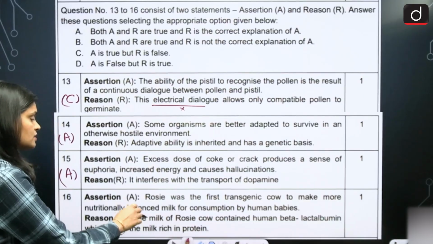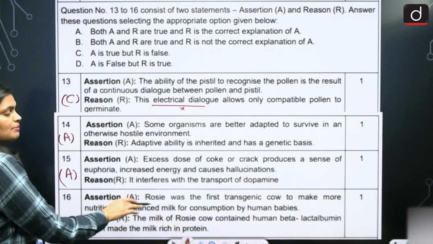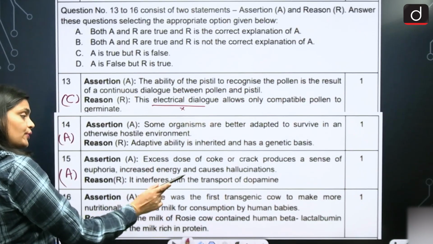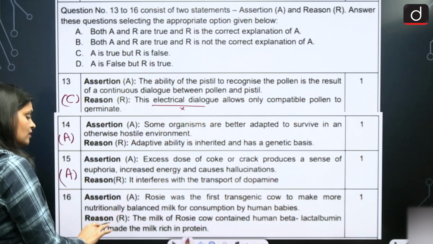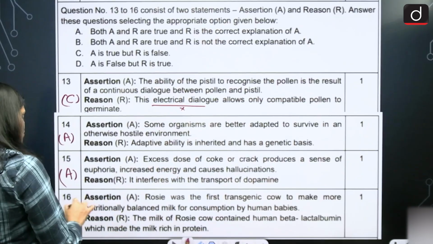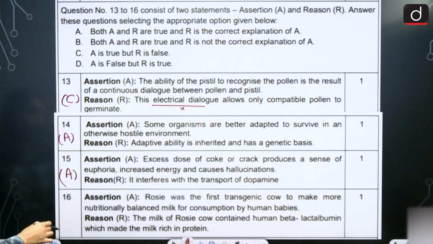Okay, so the first statement is correct. First transgenic cow hai, nutritionally balanced milk banati hai. Reason keh raha hai Rosie cow contains human beta-lactoglobulin which made the milk rich in protein. No, this is not correct. So here you can go with assertion is true, reason is false. So C is the correct one.